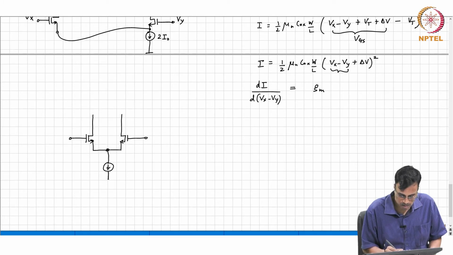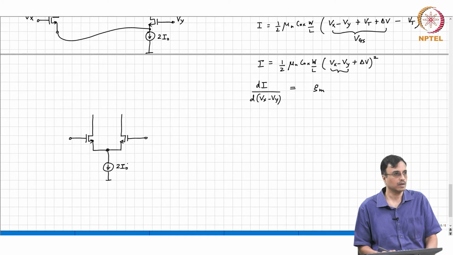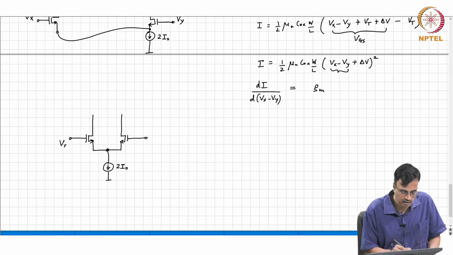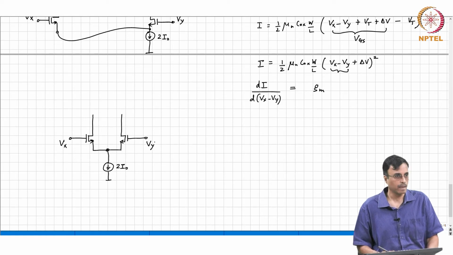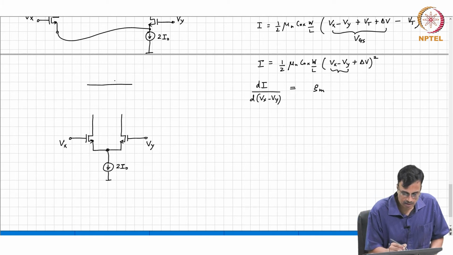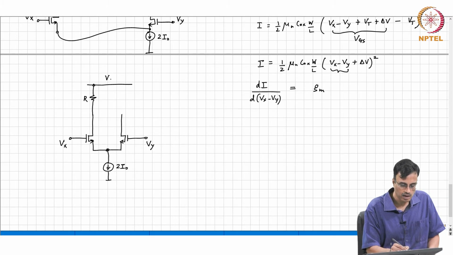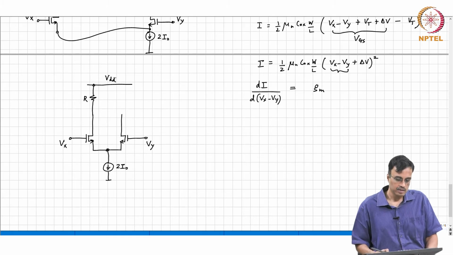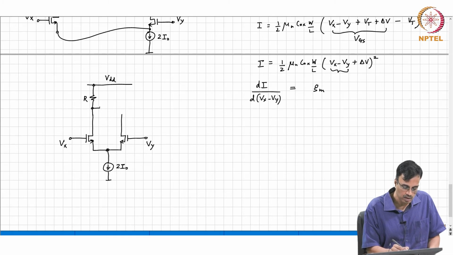This 2I0, this is Vx and this is Vy, okay, and you put a resistance R there, right. So, this will give you what is the incremental voltage.